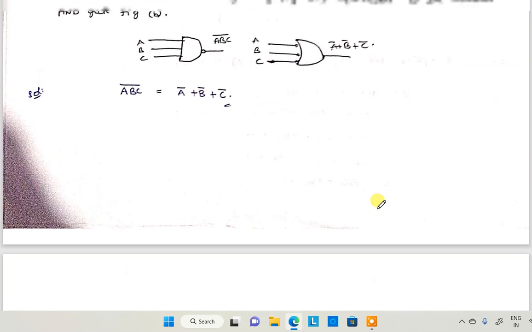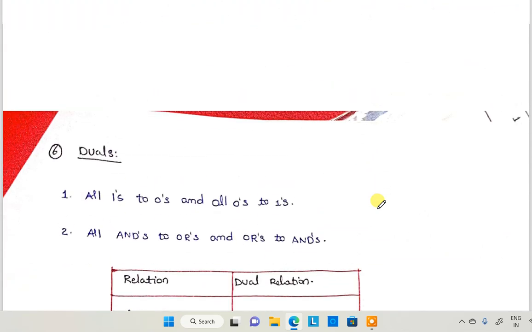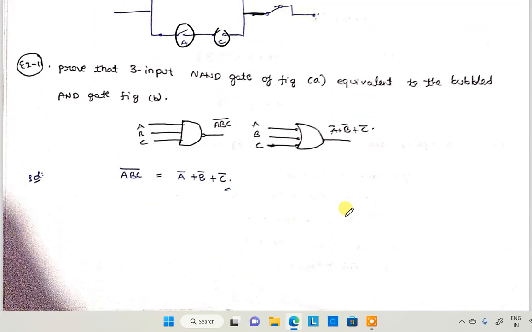Next, we are moving to this: prove that a 3-input NAND gate is equivalent to the bubbled OR gate. This particular topic on logic gates is another chapter, and I will explain it clearly there. Just look here: A, B, C, the product ABC. The bubble is nothing but a bar.